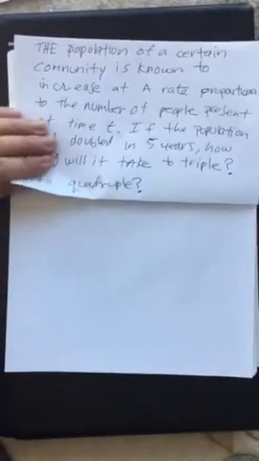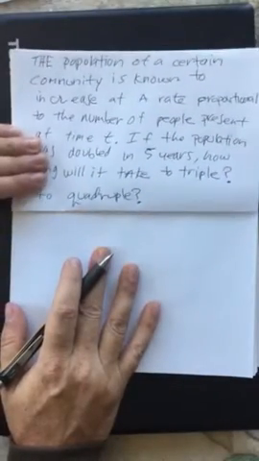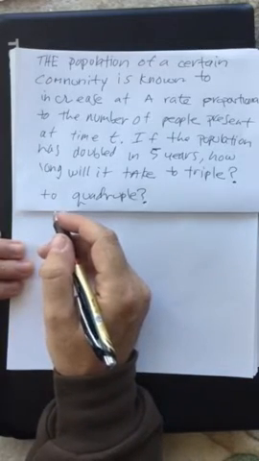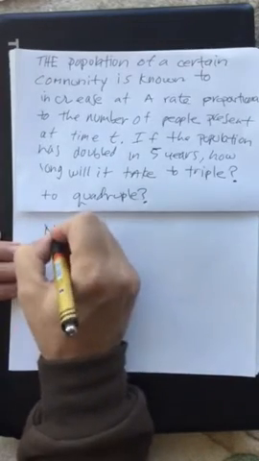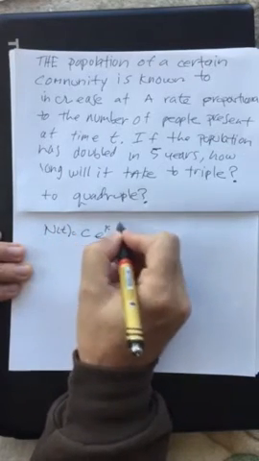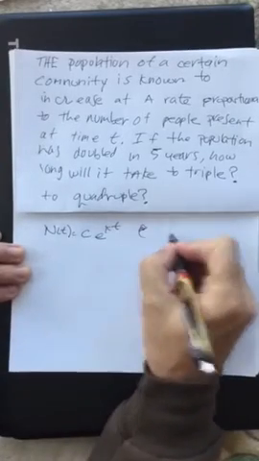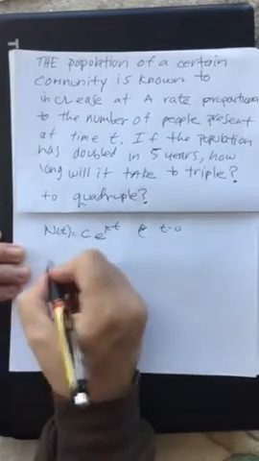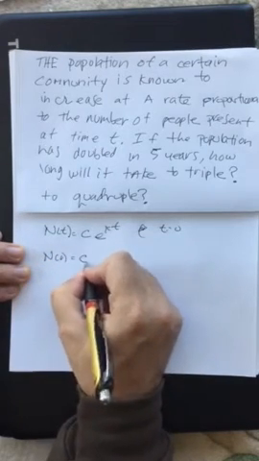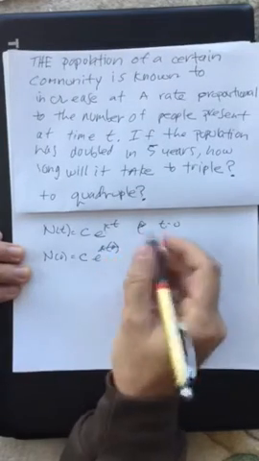Alright, so now that we have the function, what's the function? N as a function of time equals c e to the kt. Well, the first thing you could do is say, what is it at t equals 0? At t equals 0, N of 0 equals c times e to the k times 0.